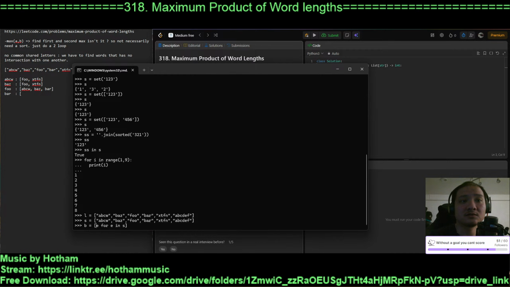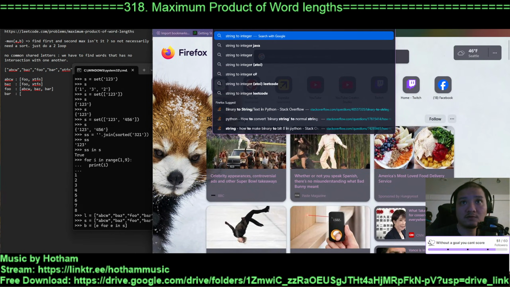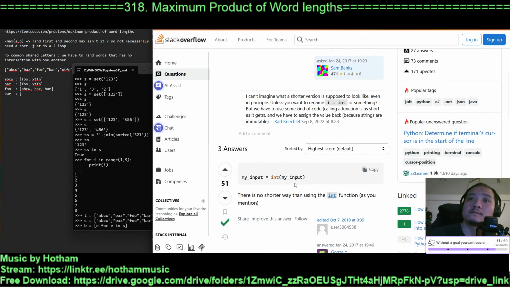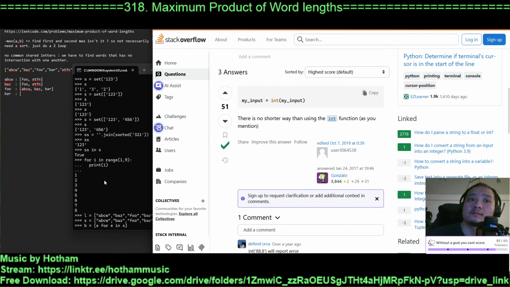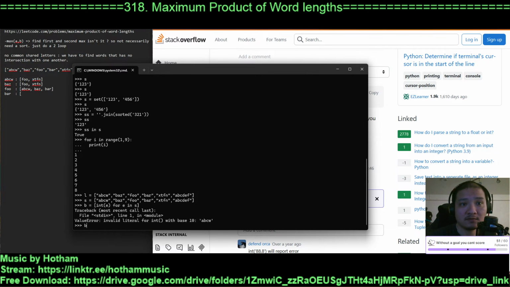Convert. Can we convert string to integer, right? Oh, we do this. Okay.